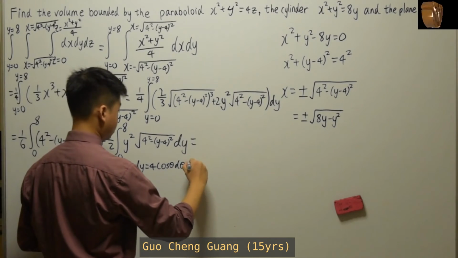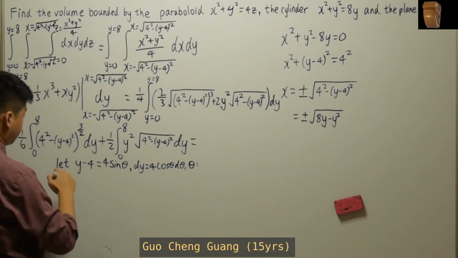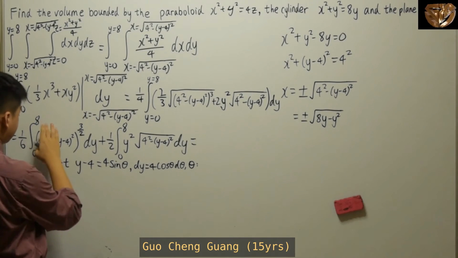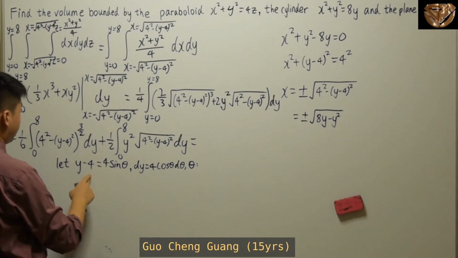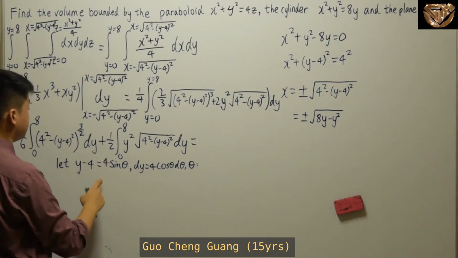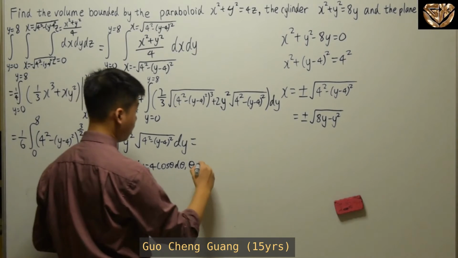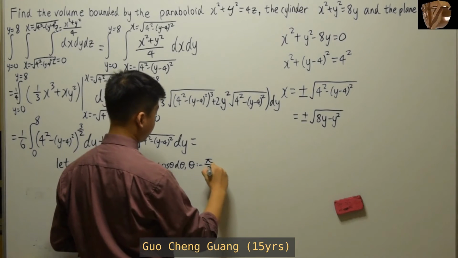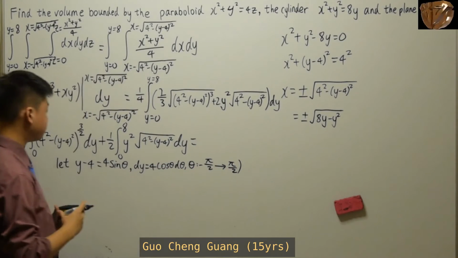And theta, since you need it to be from 0 to 8, and y, when you substitute in 0, you have negative 4, and y, when you substitute 8, you have 4, which means the values of sine theta will be from negative 1 to positive 1, which is negative half pi to positive half pi.